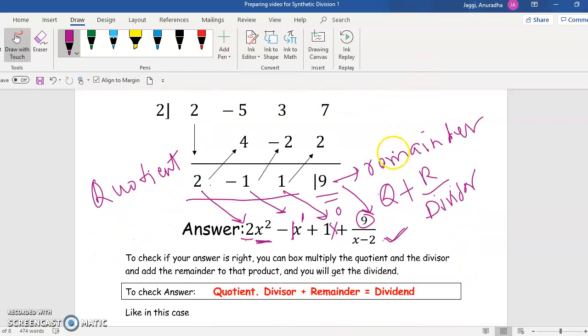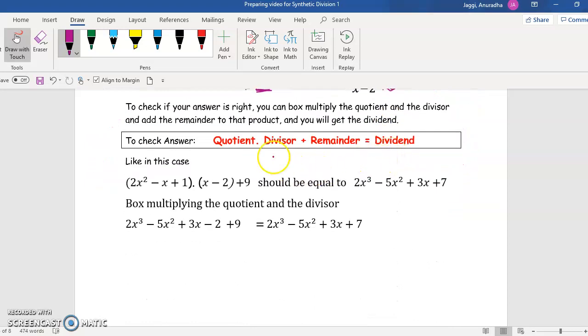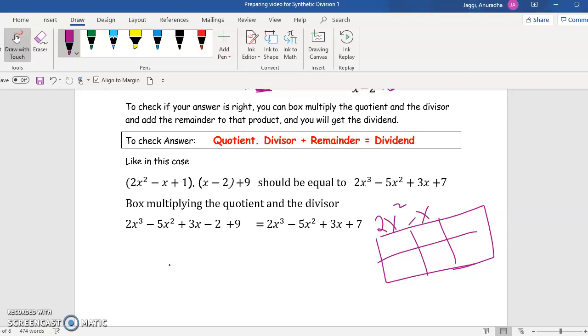Okay, moving on. And if you want to check your answer, this is the method. You can multiply your quotient, which came out to be 2x squared minus x plus 1, with the divisor, which was x minus 2. You can box multiply these two, and when you do, you will get this answer.